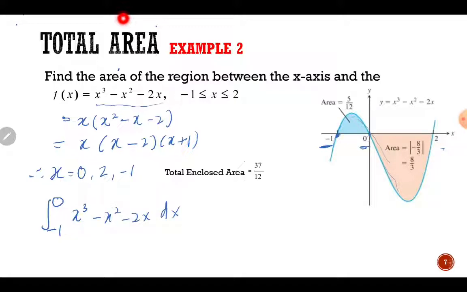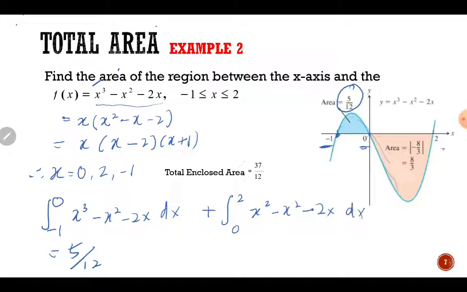You integrate je, you akan dapat area yang ni 5/12. Jawapan dah ada. Okay, and then the second one, you direct je straight integrate kat sini, kosong ke 2, x cube minus x square minus 2x dx. Kalau you integrate je direct yang ni, you akan dapat jawapan dia negatif 8/3.